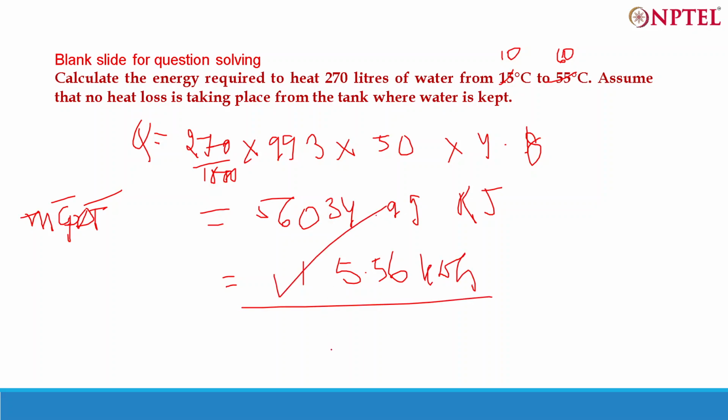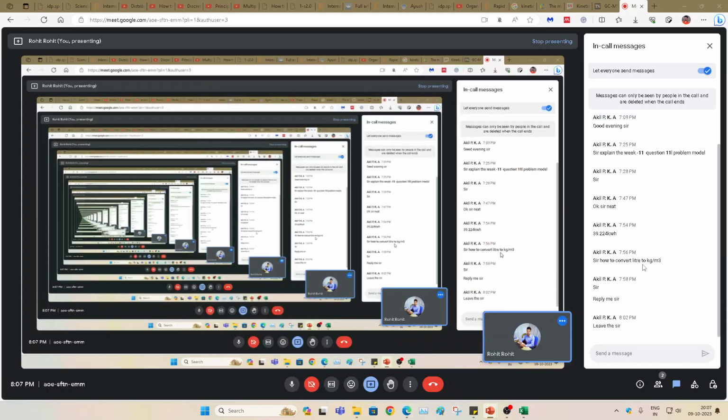I don't know how much Akhil has got. Akhil has got something like 39.224, so that is wrong. Akhil, you have made some mistake, I think.